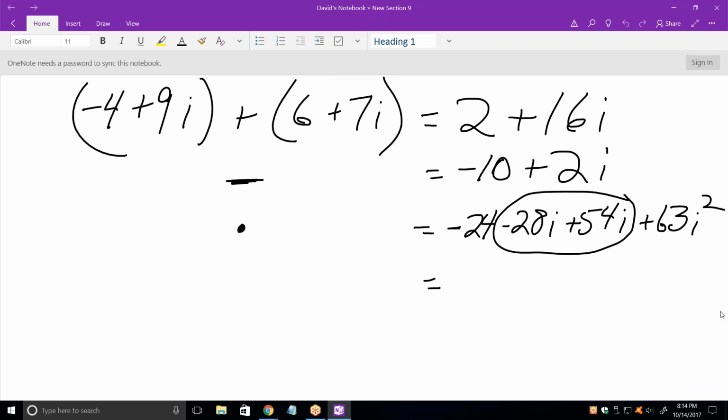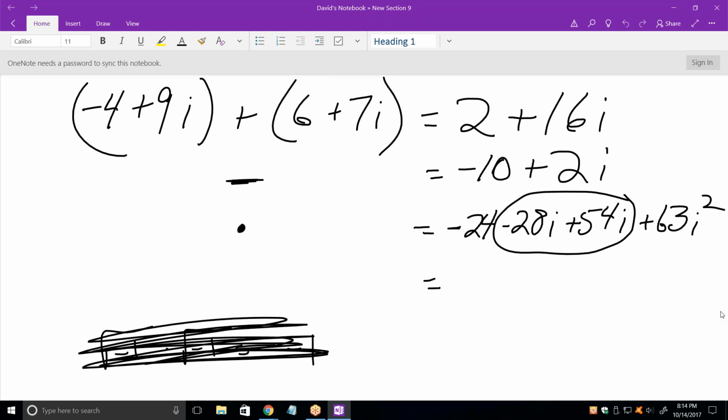-1. In other words, if you take the square root of -1 and you multiply it by itself, you get -1. And that's very important to know what i squared is, because you frequently have to convert it. In other words, for me to simplify this, it's going to be minus 24. These two become plus 26i.